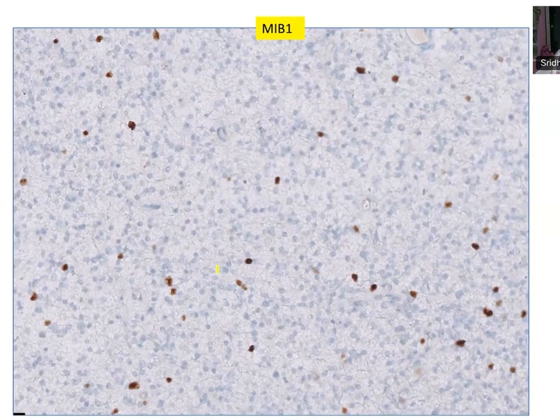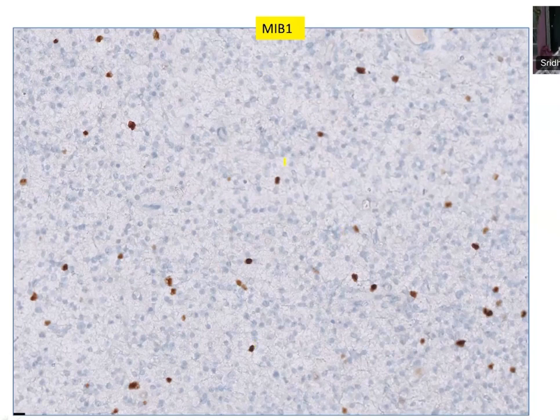You need to calculate the labeling index, expressed per 100 cells in the highest labeled areas. In diffuse gliomas, this should not be used as a grading parameter, but it should supplement whatever grade you thought. Here the MIB labeling index is definitely more than 5%.